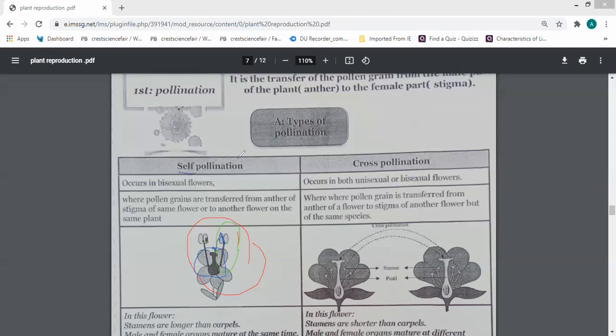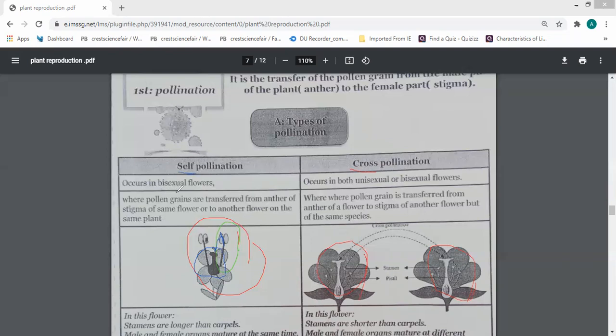But if the pollen grains transfer from one flower to another flower of the same species, it is considered cross-pollination. So we have two types of pollination: self-pollination and cross-pollination.